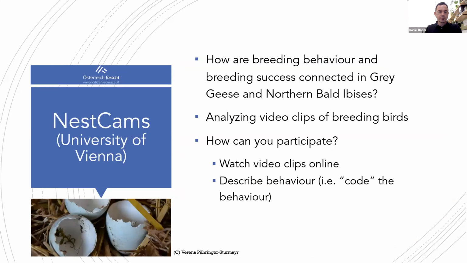And I would like to give an example from Austria, the NESCAMS project of the University of Vienna, from the Konrad Lorenz Research Center. The colleagues there want to find out how breeding behavior and breeding success are connected in gray geese and northern bald ibises. So they took videos of breeding birds and again separated them into smaller video clips and uploaded them to Zooniverse.